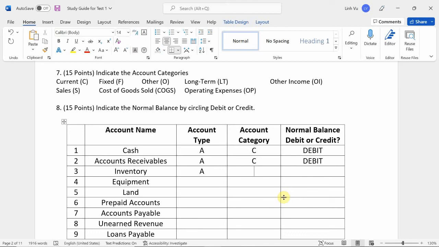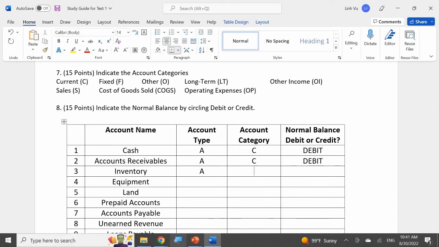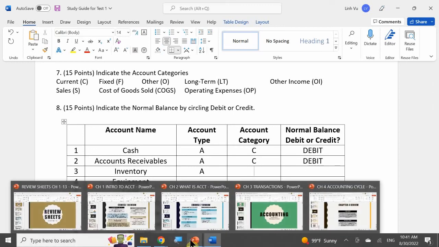Would it be operating expense? Well, we have it as an asset, right? So there's no way it could be an operating expense. So use your review sheet. What are the categories of assets?